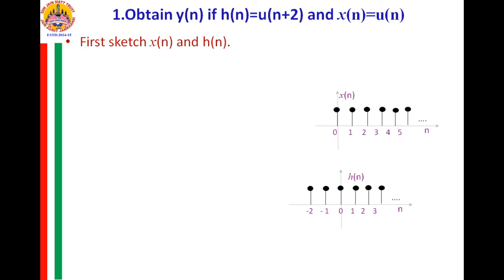This is an essential step. So, the convolution sum involves the reflect, shift and add procedure, which is to be repeated again and again.